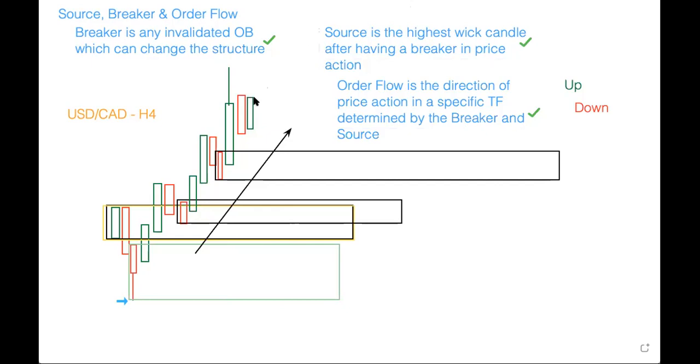And here what will happen? We will get a bearish engulfing candle. And then here we have this as a bearish order block. And the next move is going to be like that.